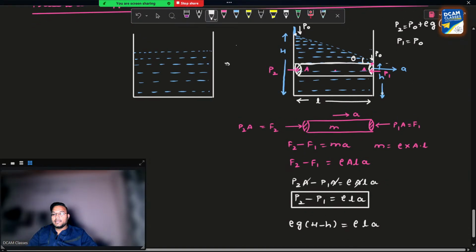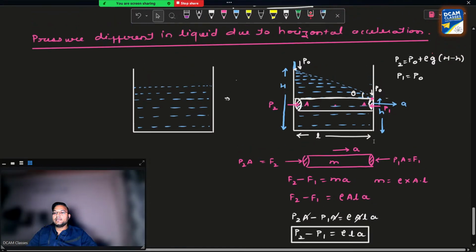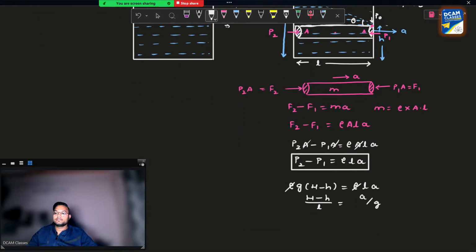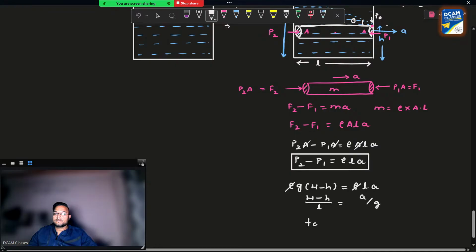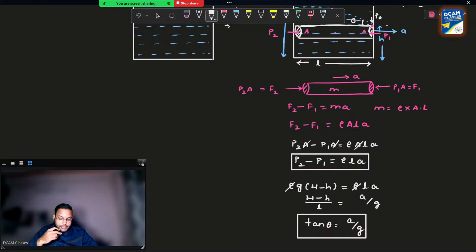So what I'm getting here is, rho I'll cancel out. (H minus h) by L is equal to a by g. What is (H minus h) by L? It's tan theta. So this is the relation I'm getting.